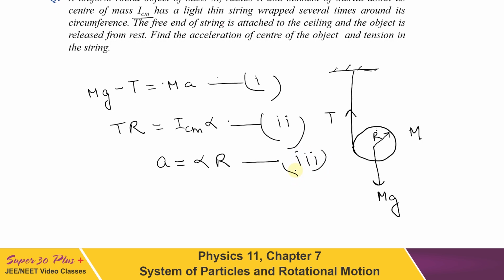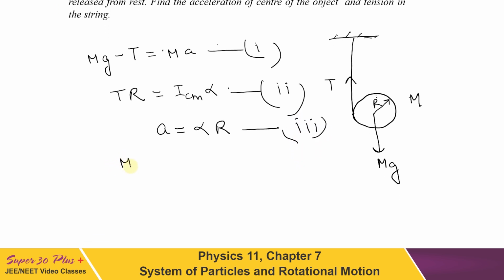If I solve these equations, that will give mg minus ICM a upon R square is equal to ma.